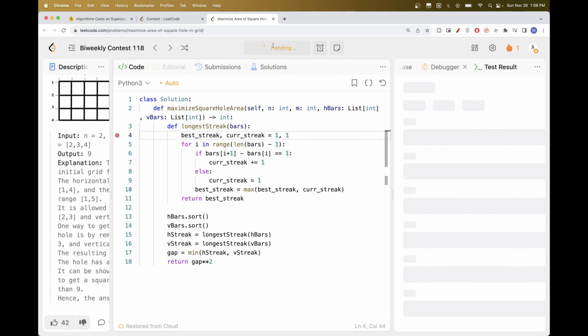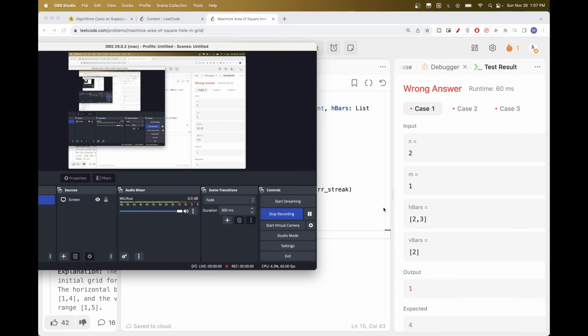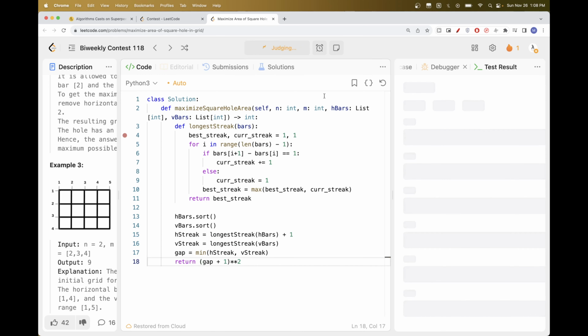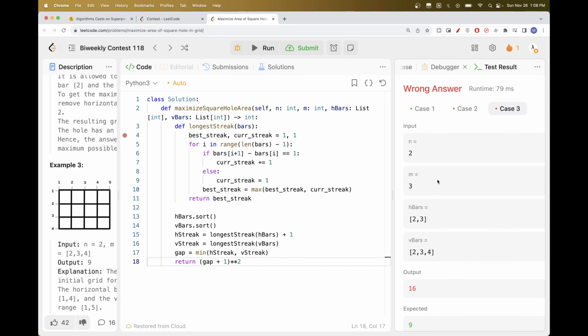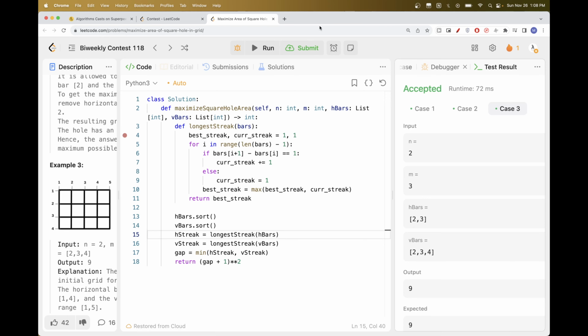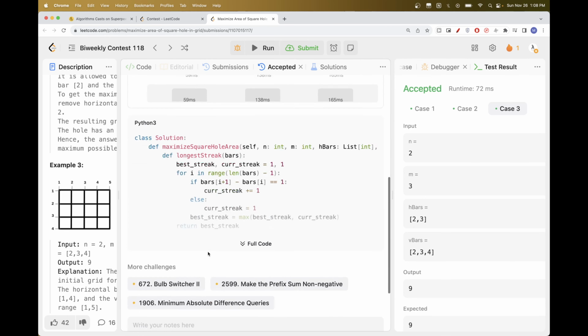And one detail here is that this is counting just the bars that we remove, right? So we need to do +1 so that we can get the actual length of the gap. So that's just the problem that we have here. And so, sorry, this one we shouldn't have. So if I run this and submit, it should pass, and that passes.